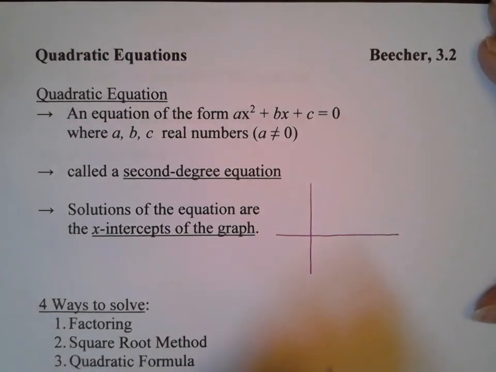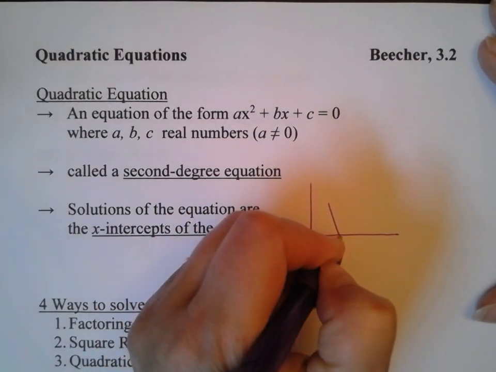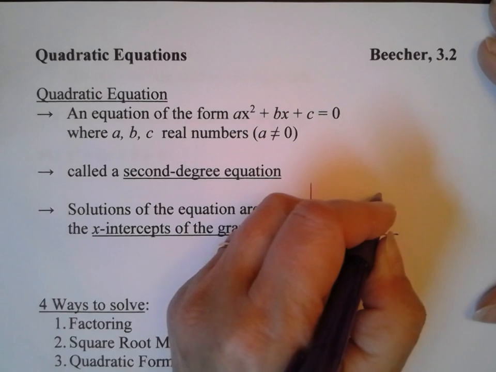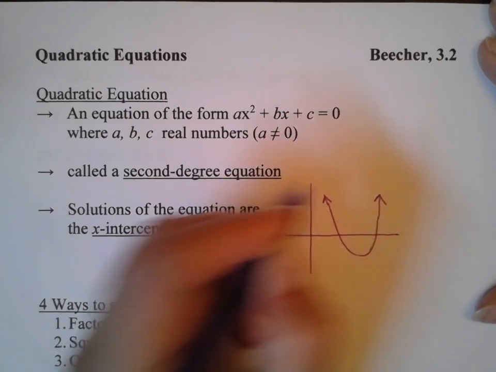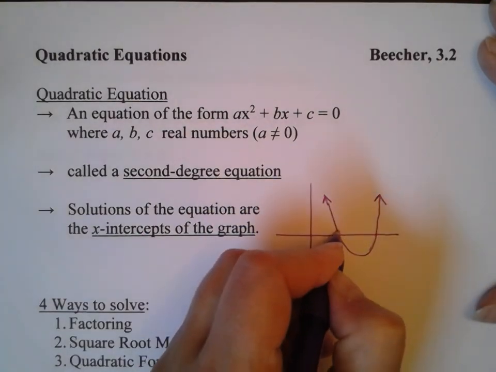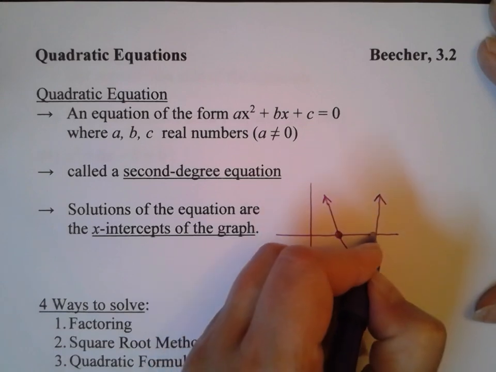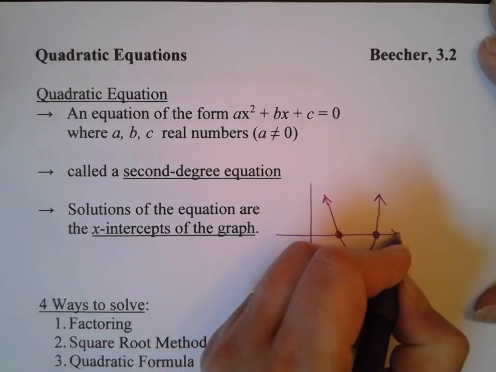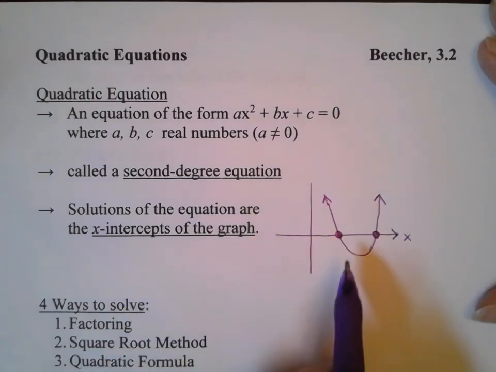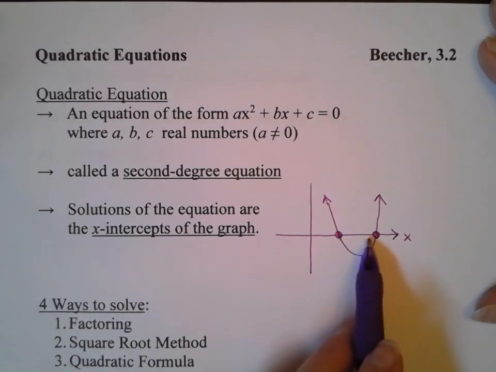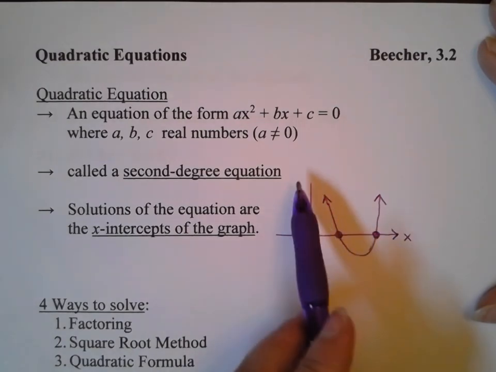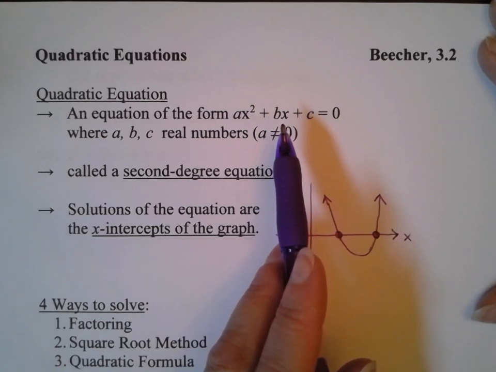And so I'm just going to draw some generic parabola, okay? The place where my parabola touches the x-axis, that's where the x-intercepts are. And the x values of these points are the solutions to this equation.